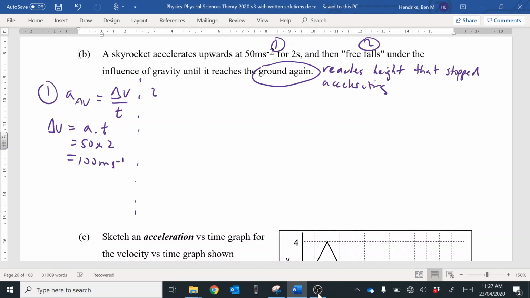Okay, we want to know how long it free falls until it reaches the height that it was at 2 seconds. So basically what's going to happen is we have a rocket, it's going to accelerate through the air, and then it's going to have a speed of 100 meters a second, and then we're going to say that gravity is negative 10 meters per second squared. Just to make it simpler for our maths.